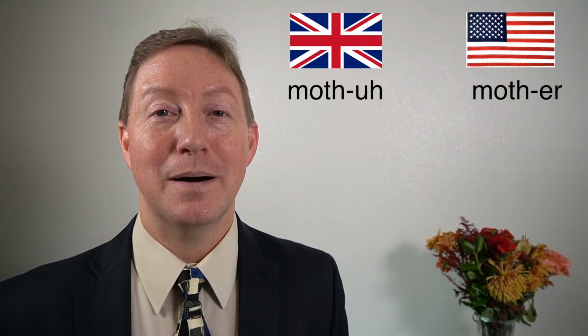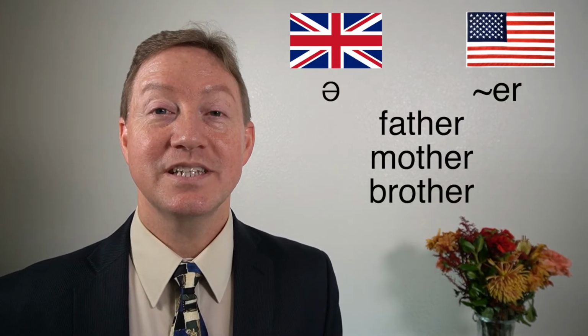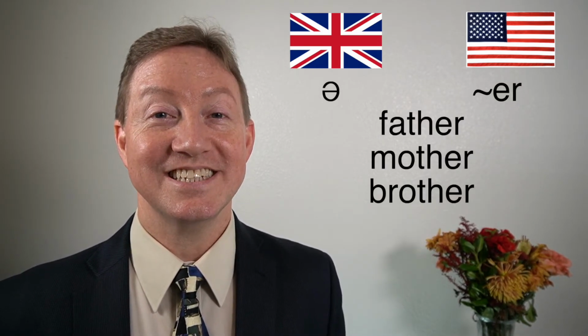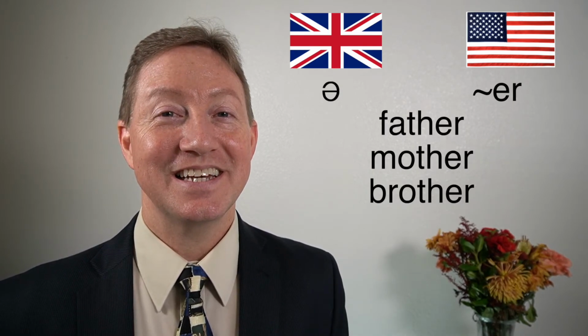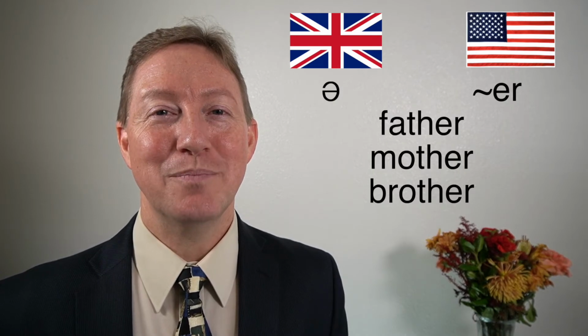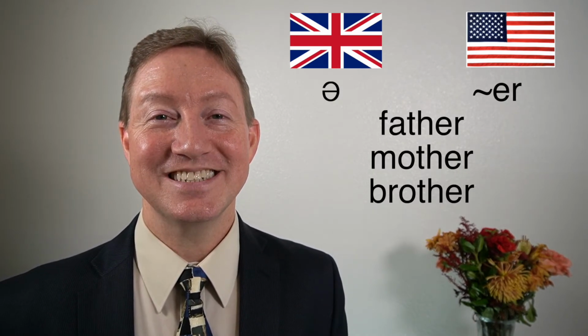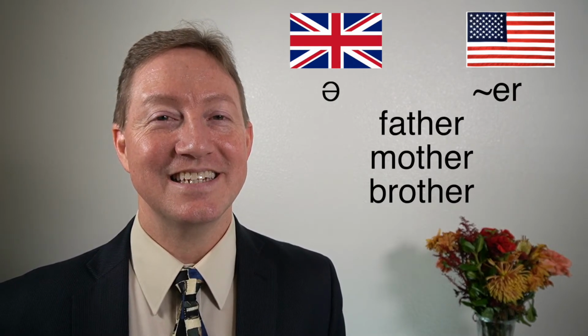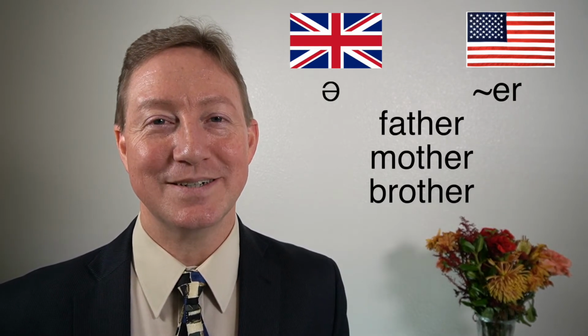Another example would be mother, mother. Words that end in ER are spoken with a clear R pronunciation at the end of the word in North American English for words like father, mother, brother. In British English, the ER sound at the end is different, more like the schwa sound.